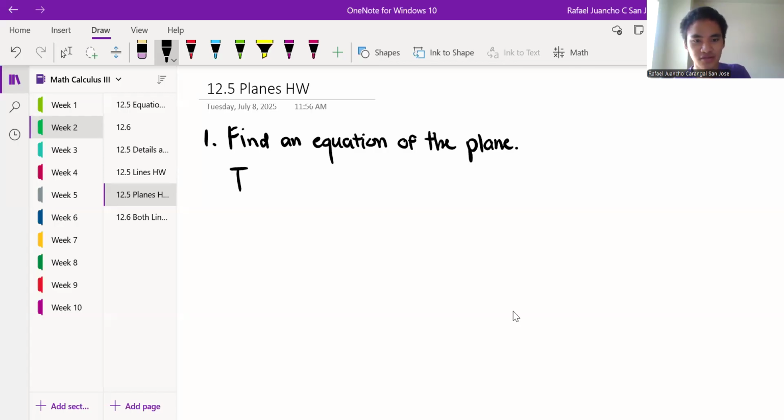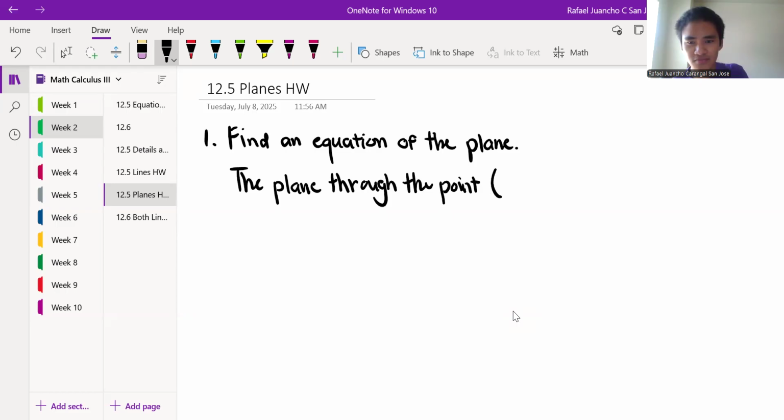Now that plane has some characteristics. The plane passes through the point (2, 0, 1), and it's perpendicular to some line.